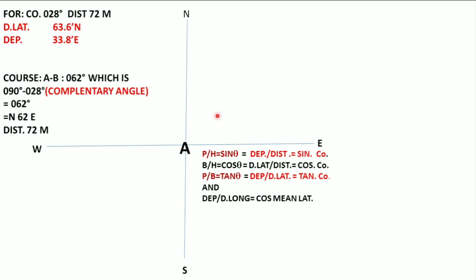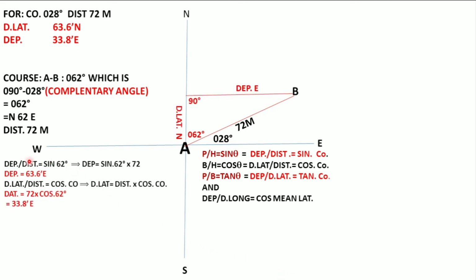Now, let us just consider a complementary angle of 28. Complementary angle, that's two angles plus should be 90 degrees. So complementary to 28 is 62. Same distance 72. And let's try to figure out calculating our D.LAT and departure.